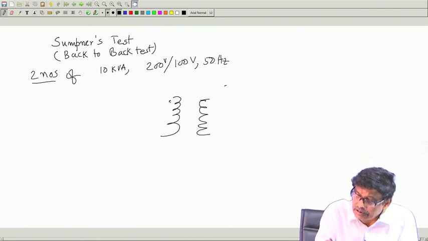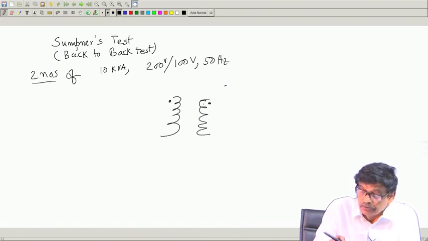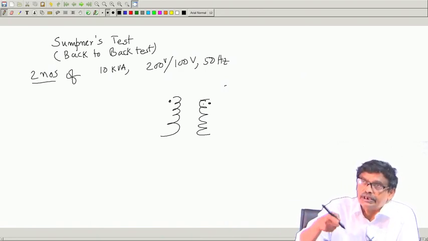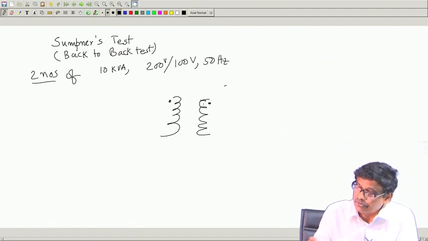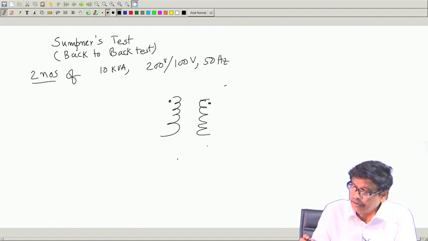Suppose I know the dots. Even if you do not know, then you have to do those two tests to find out conveniently. This is transformer 1.